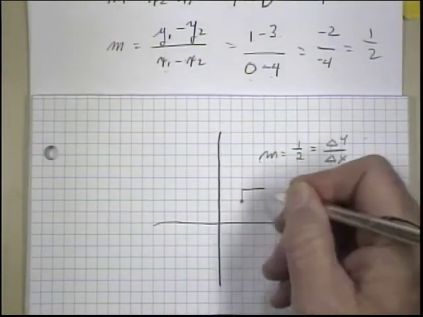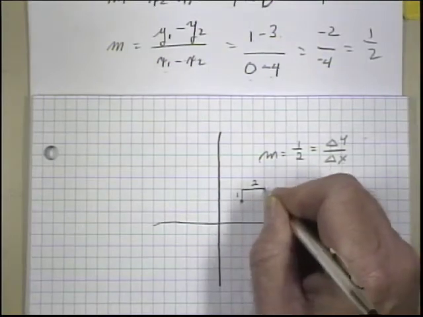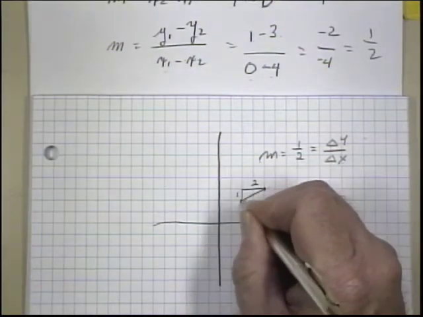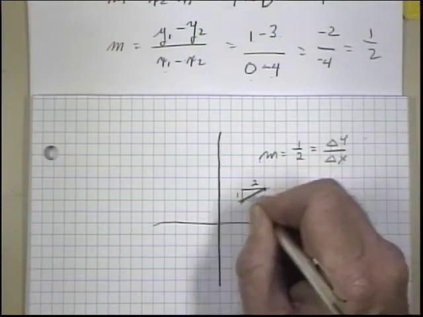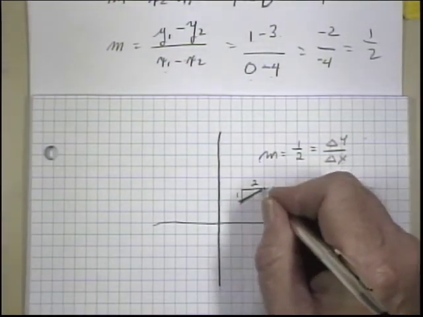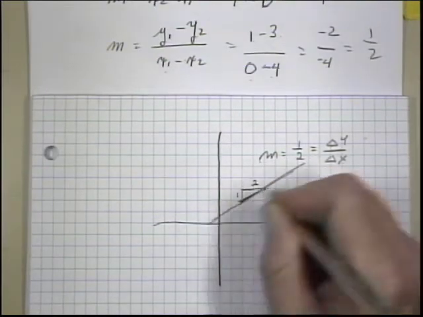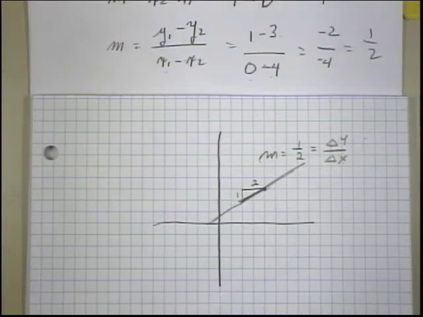X goes across like this. The slope is represented by this diagonal. So if we knew this was a point on the line and we knew the slope, we could extend the line on indefinitely. All right, that's what the slope is.